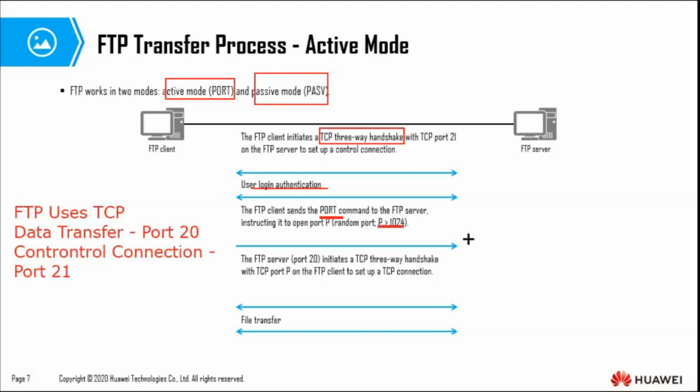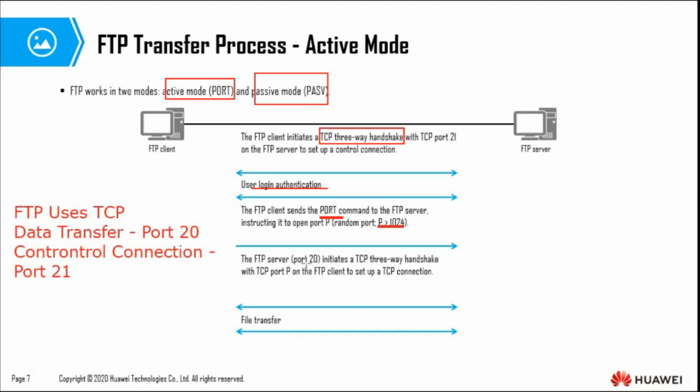In the previous chapter, I told you about the TCP random ports. They're normally greater than 1024. Okay, so after telling it to open that, then what happens next?